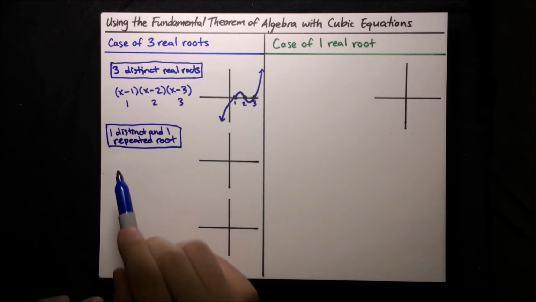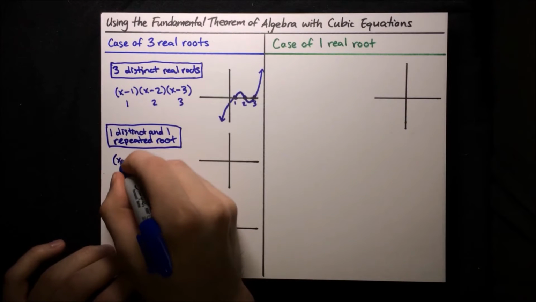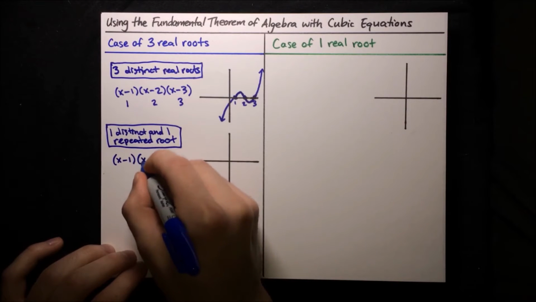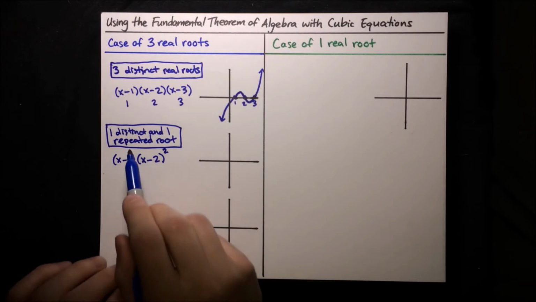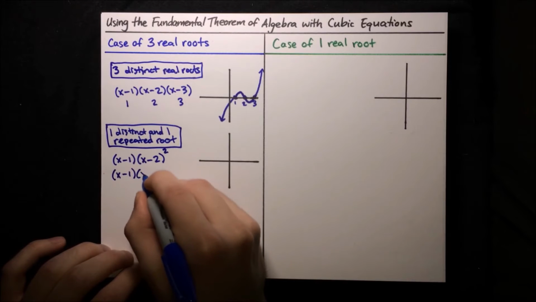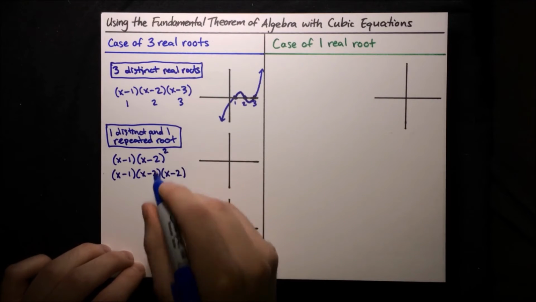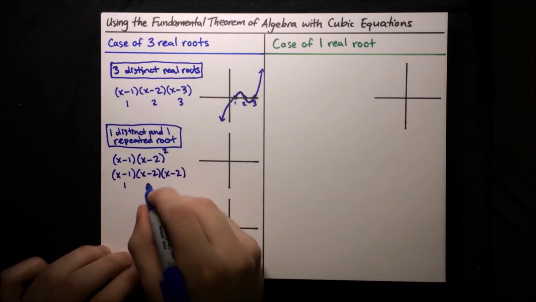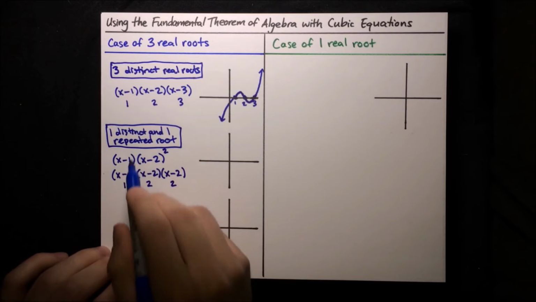An example of a polynomial having 1 distinct and 1 repeated root could be x minus 1 times x minus 2 squared. If we write the repeated roots separately, we have x minus 1, x minus 2, and then times another x minus 2, because that factor is squared. The roots here are just 1, 2, and 2. So 2 is the repeated root, and 1 is the distinct root.